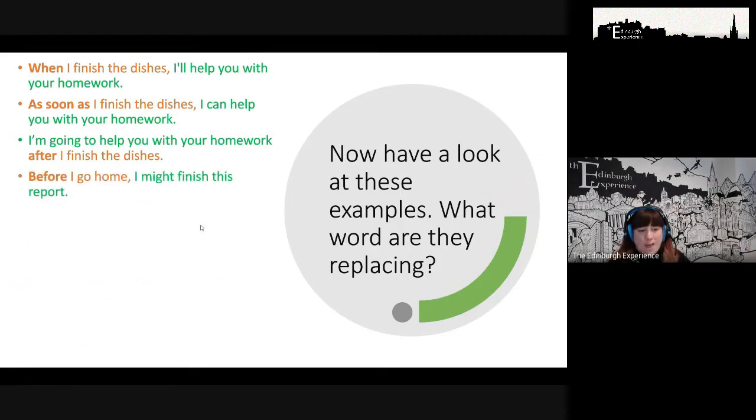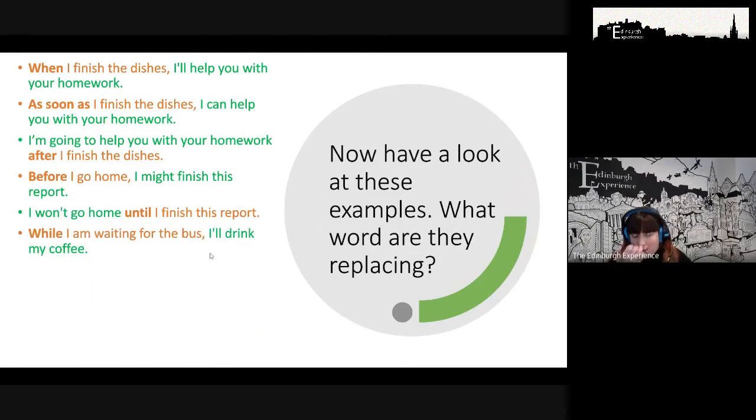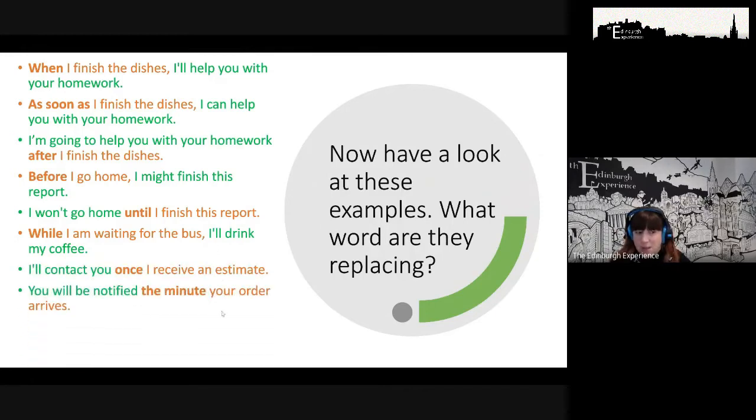Before I go home, I might finish this report. I won't go home until I finish this report. While I'm waiting for the bus, I'll drink my coffee. I'll contact you once I receive an estimate. You'll be notified the minute your order arrives. It'll be dark by the time we arrive home.